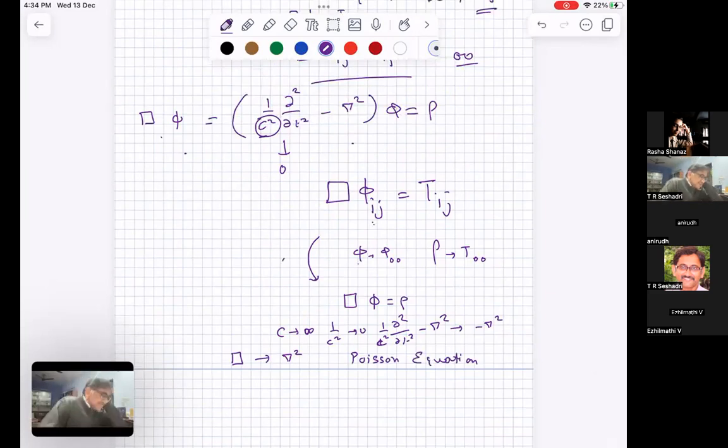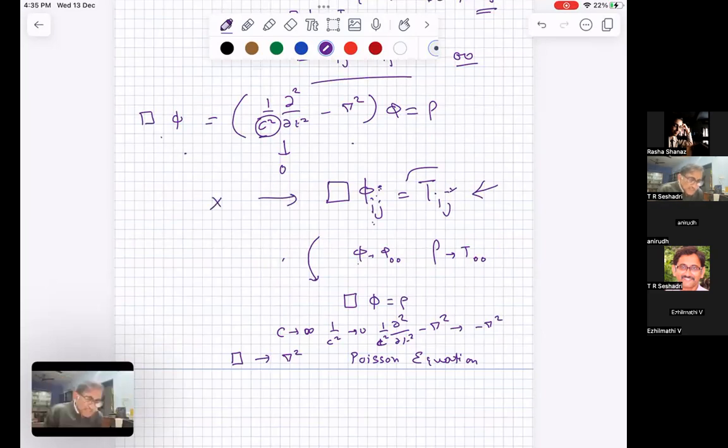The moment I do that, I need to take a correction of this and feed it back, because in gravity there is a nonlinearity. Now, it turns out that when you actually do the full Einstein's equation and take the weak field limit, you will indeed come to this kind of a thing. But when you have strong gravity, because of nonlinearity, this cannot be a complete picture of gravity.